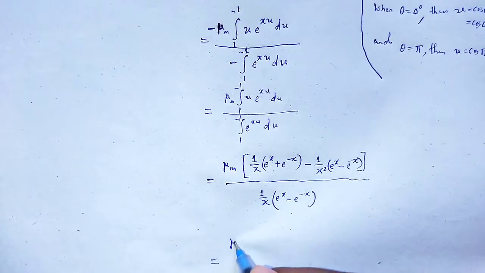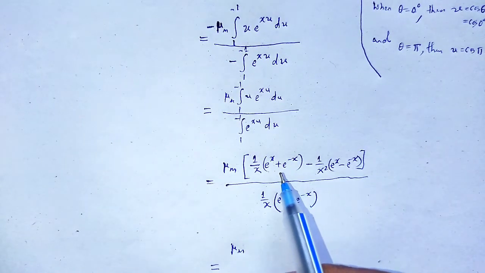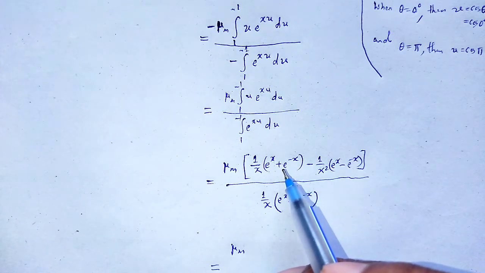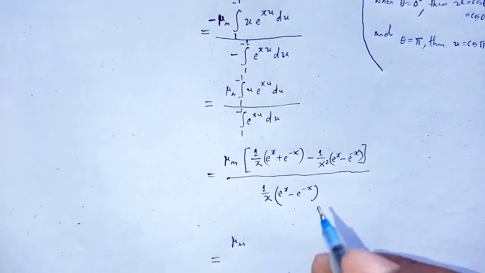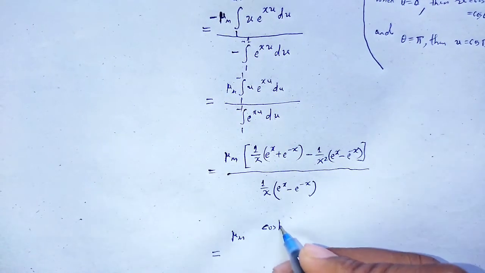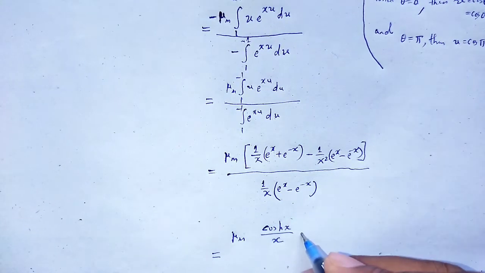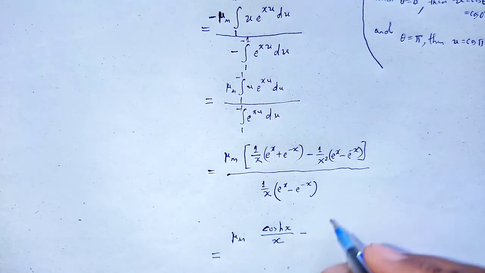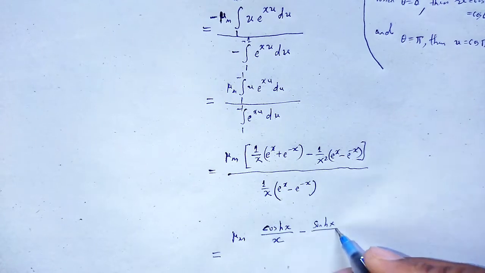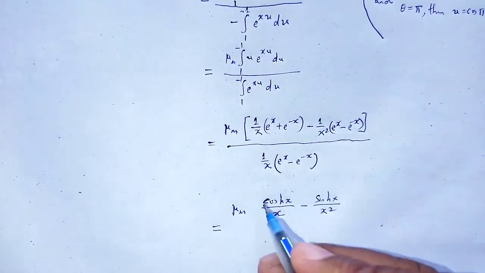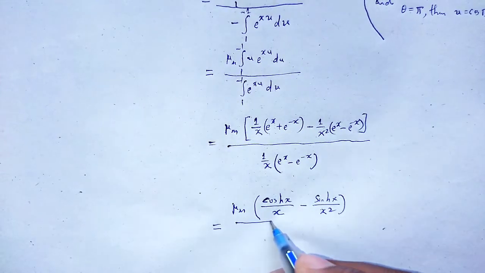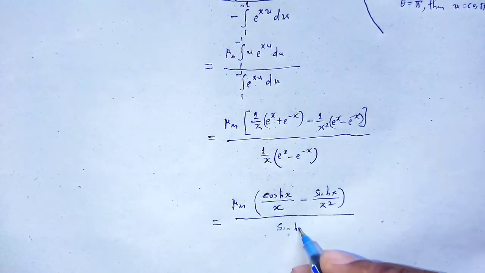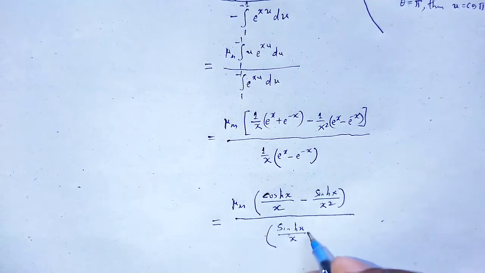So mu m, that exponential e to the power x plus e to the power minus x, in terms of hyperbolic trigonometric function is cos hx divided by x, minus e to the power x minus e to the power minus x, that is sin hx divided by x square, whole divided by, again, e to the power x minus e to the power minus x, that is sin hx divided by x.